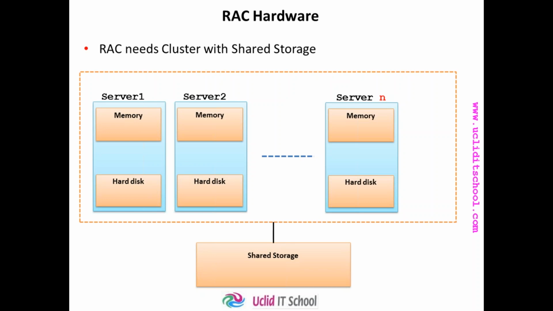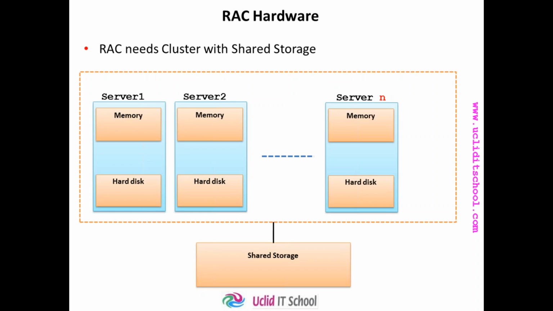So if you create any file on this shared storage, it is visible to every server in the cluster. You can access that file from any server. So that is the concept of shared storage. So from a hardware perspective, this is what you need to implement a RAC. You need a cluster with a shared storage.